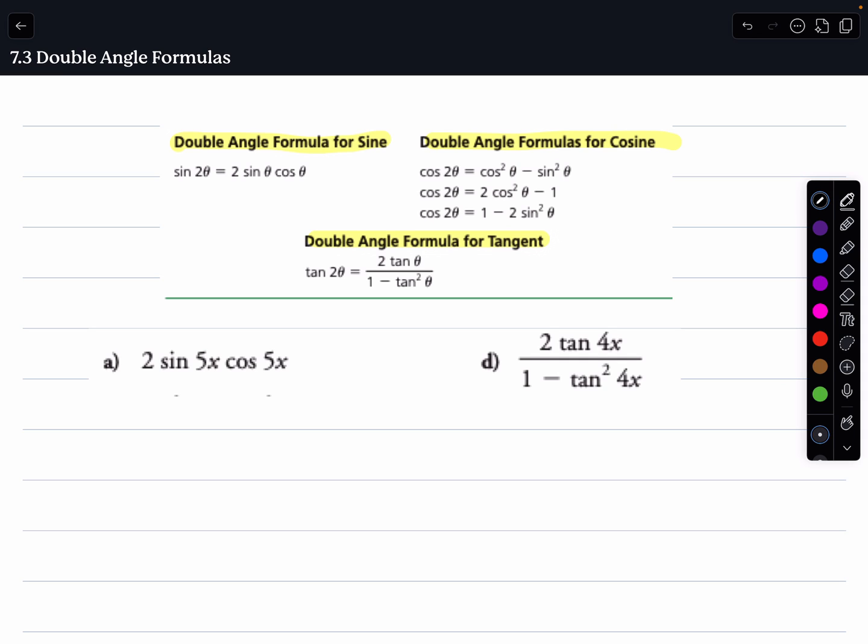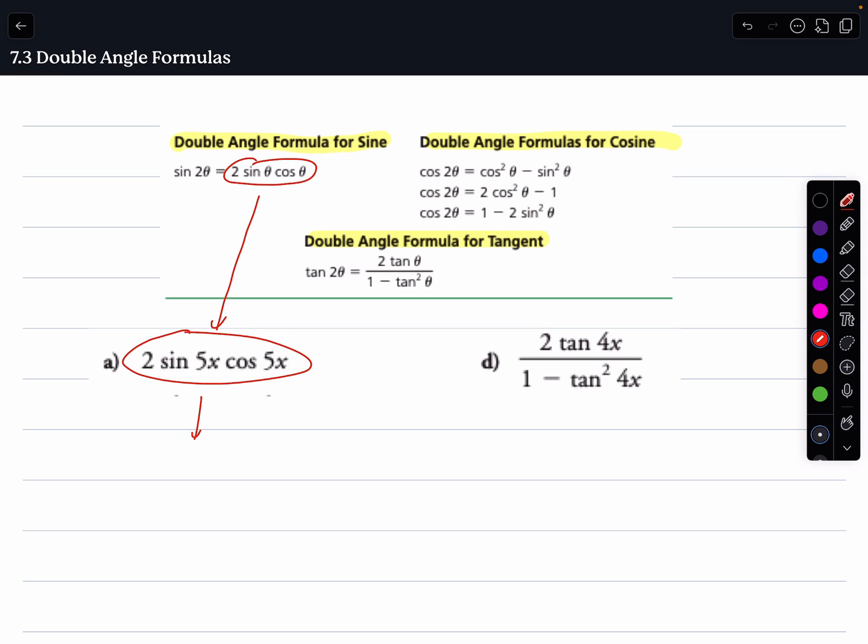For the first question, part A, we have to see which double angle formula this represents. By the looks of it, this has some similarity to the sine double angle formula. In fact, it directly looks like it. So we have to know and recognize what looks like what, and then find the left side of the equation.